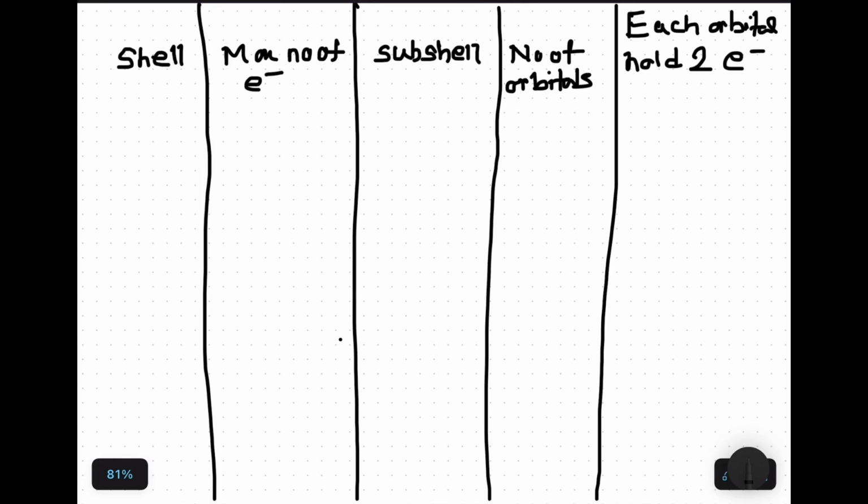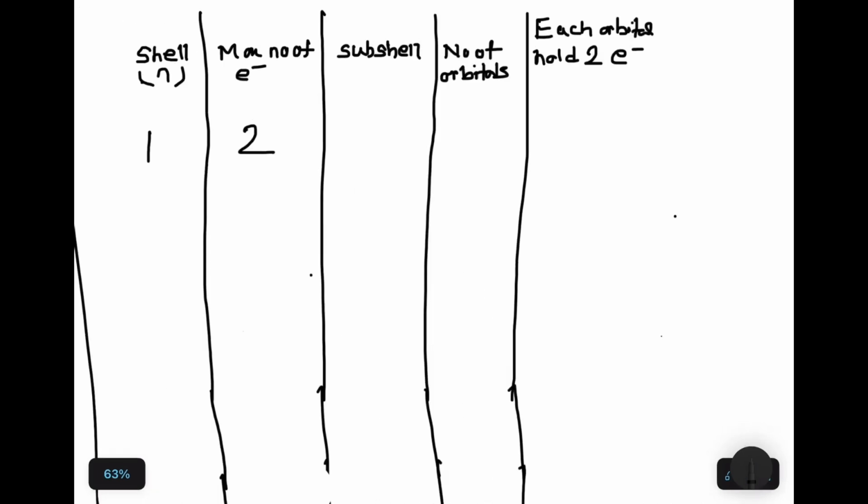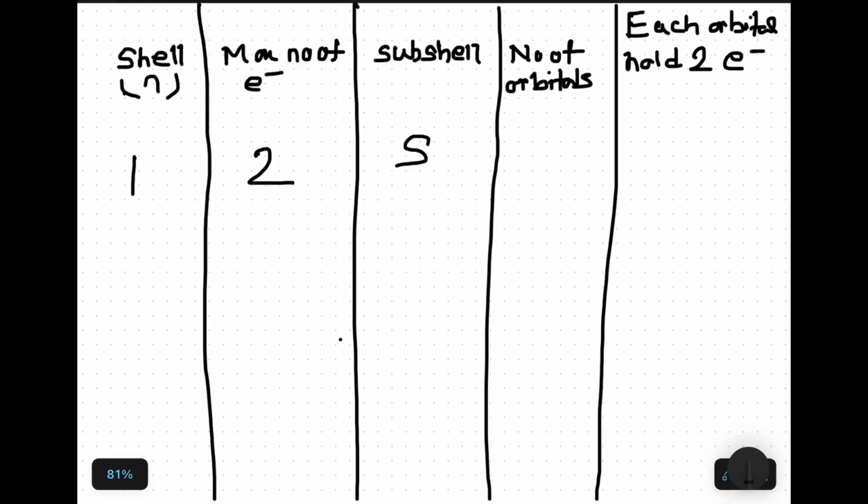Okay, now when the cell number is 1, the maximum number of electrons in cell 1 is 2, right? And the subcell is S. The number of orbitals is 1, and 1 orbital holds a maximum of 2 electrons for the S subcell. Now, when the cell number is 2, the maximum number of electrons is 8.